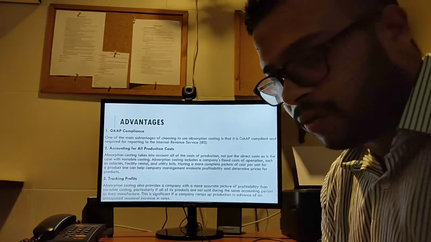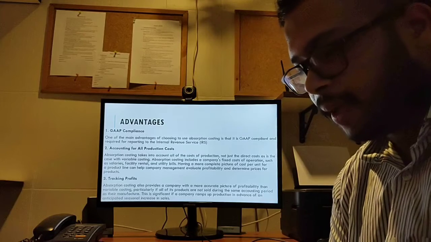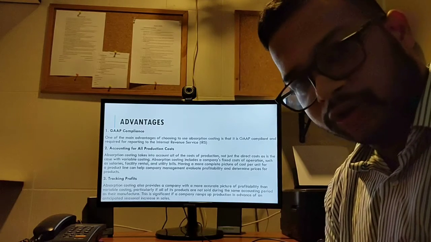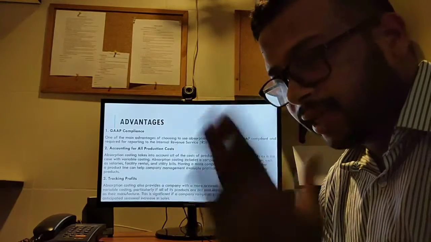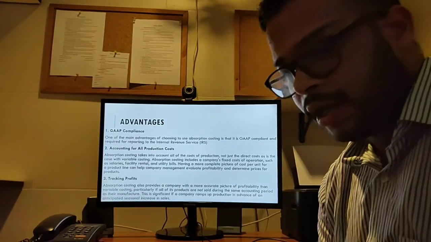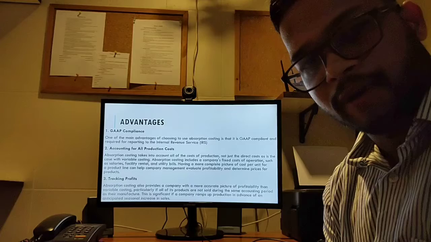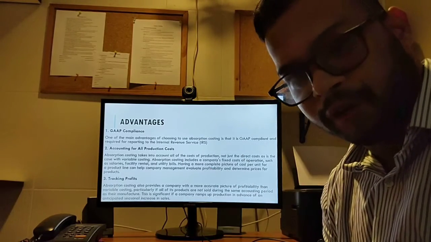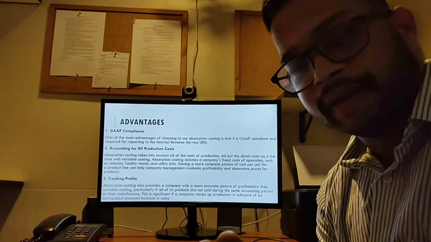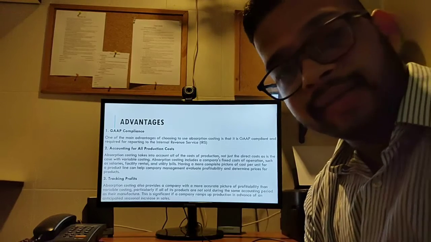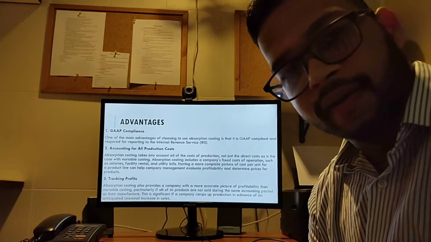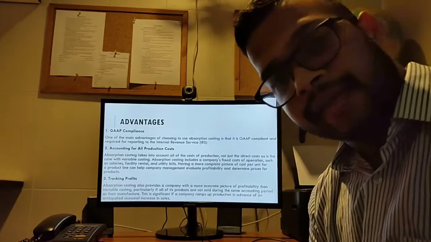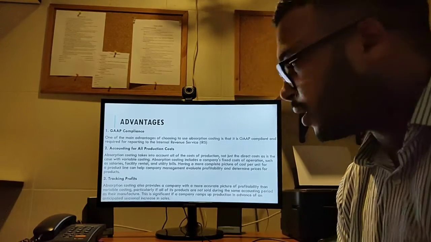What this point basically means is that now that you have fixed and variable costs in your cost of production, and selling price is equal to cost plus profit, and you know what profit you want to achieve, it helps you better determine the selling price. That selling price in turn helps you recover not just your variable cost but also your fixed costs, and at the same time contributes to the profit of your company.